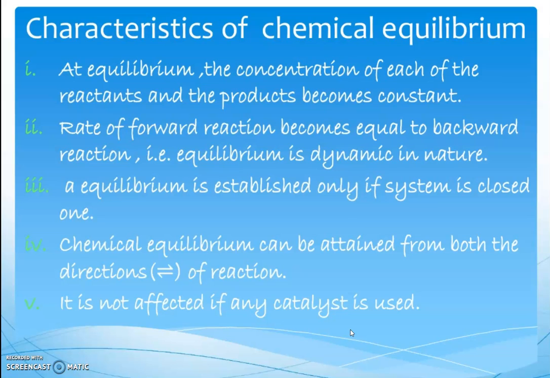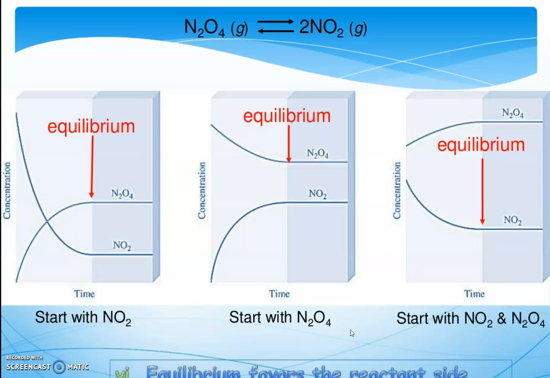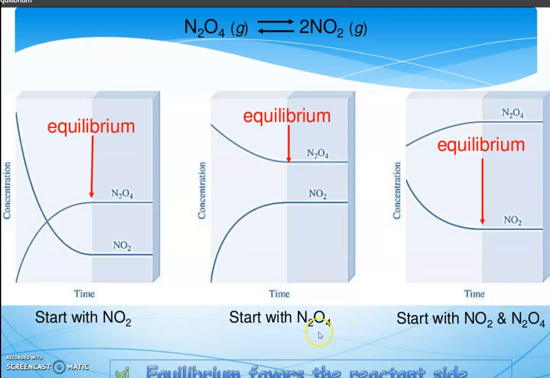Chemical equilibrium is attained only when the rates in both directions, forward and backward, are equal. It is not affected by the use of any catalyst. If we use a catalyst, the equilibrium will not change. These are the characteristics.